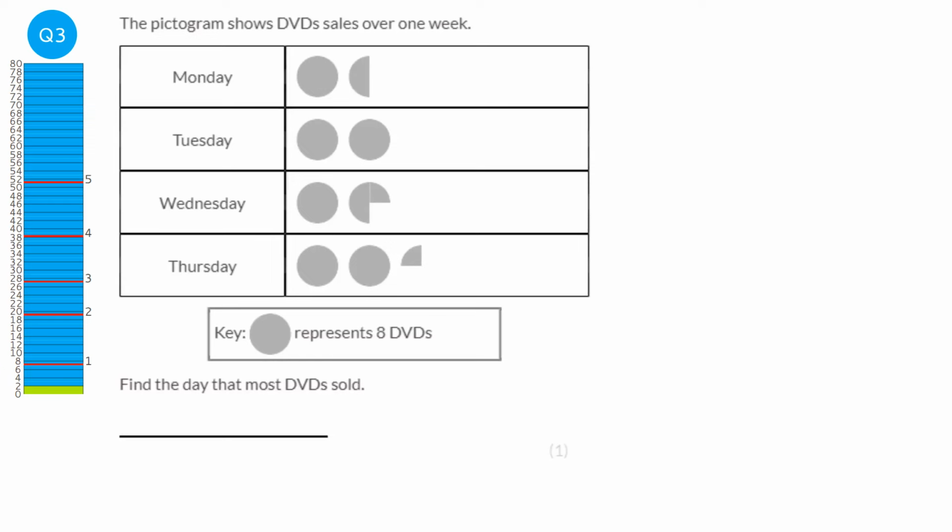The key says that a circle represents 8 DVDs, and if we cut it up, then each quarter represents 2. So Monday had 8 and 2 and 2, which is 12. Tuesday had 8 and 8, which was 16. Wednesday had 8, 2, 2, 2, which is 14.